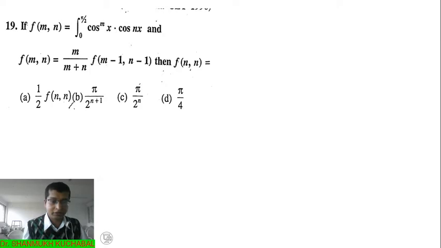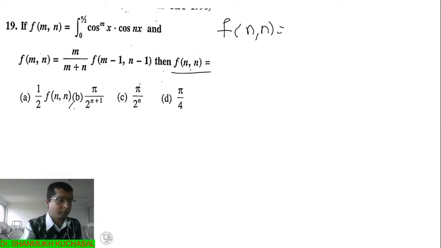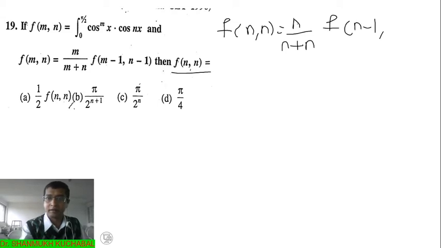So in the first step we take the given function, we write f of n comma n equal to, wherever it is m we have to replace it by n. So n divided by n plus n, f of n minus 1, n minus 1.